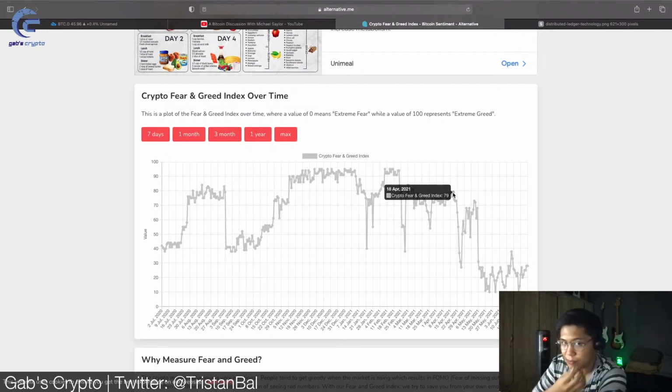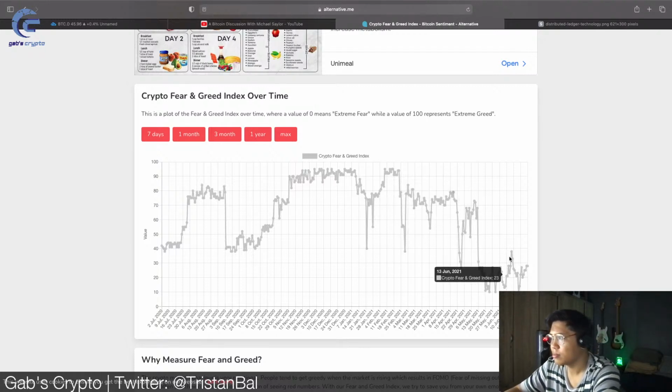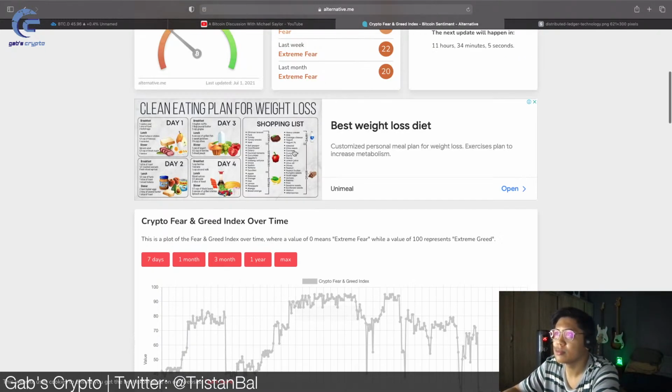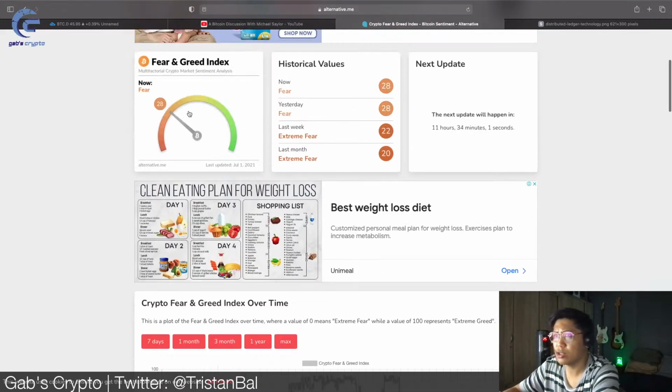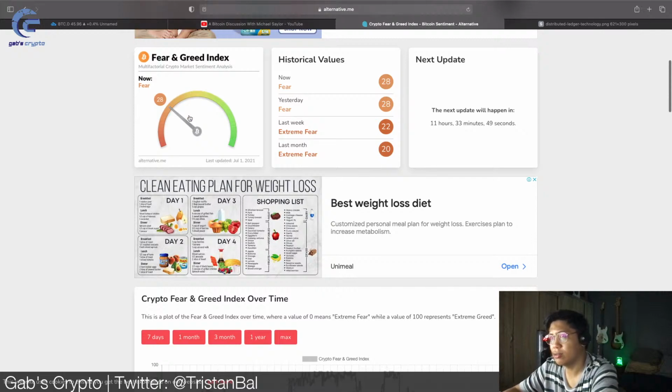By that time, that's when you should start selling. So far, this fear and greed index is about 50-50. It's possible it could go lower and become extreme fear again if, let's say, Bitcoin still goes down.